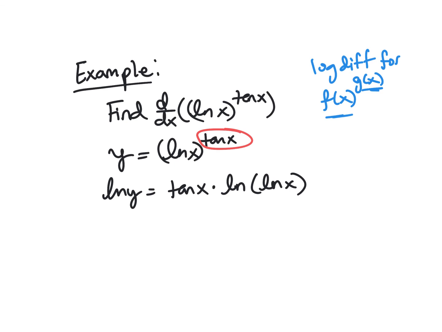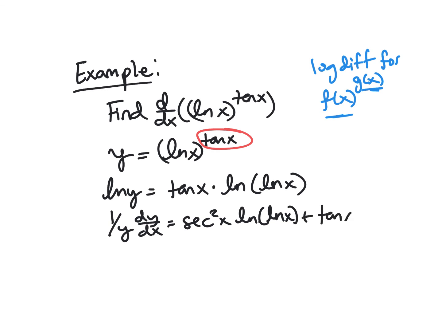So once you start taking the derivative, which you can do at this step, we have 1 over y dy/dx is, so our derivative of tangent is secant squared. And then we have the natural log of the natural log, plus tangent times, so what's my derivative here? So ln of x is my inside and it's my outside. So I want to start with 1 over, plug in my inside, natural log of x, times derivative of the inside, 1 over x. Okay?